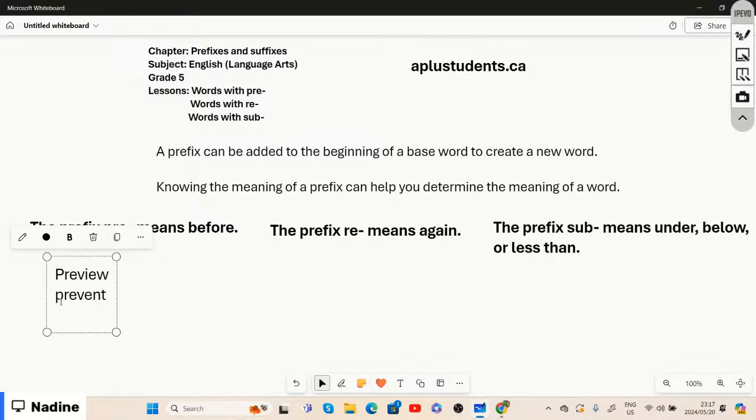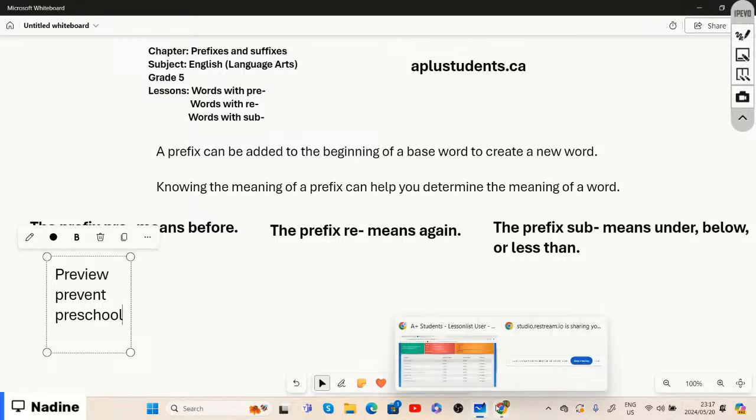And then let's think of the word preschool. There we have a word preschool, right? It means that preschool is like a pre-primary before you actually go to primary school. Remember, primary school starts at grade 1, or let's say grade R, depending. But specifically at grade 1, because then you have foundation phase, intermediate phase.